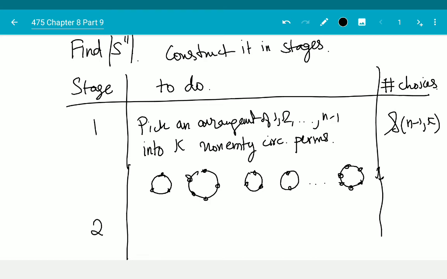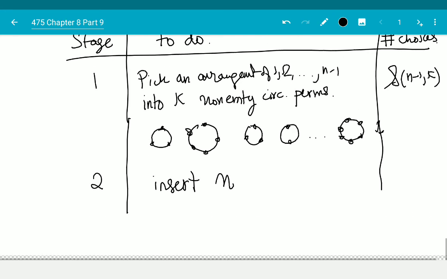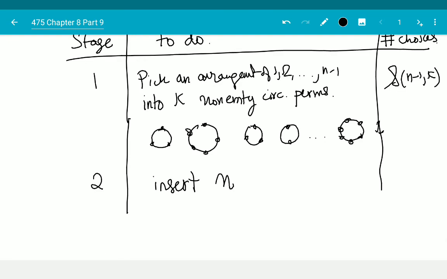And in stage 2, insert n in one of them. Well, how many choices do I have of inserting n? I have exactly n minus 1 choices. Because, think about it, I am basically inserting n somewhere in one of these, right?